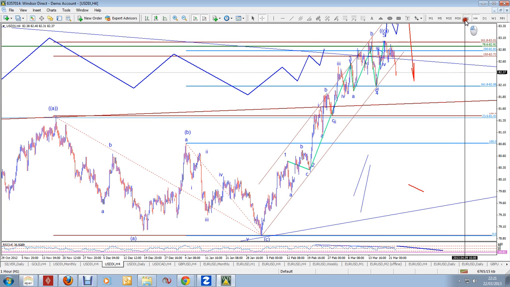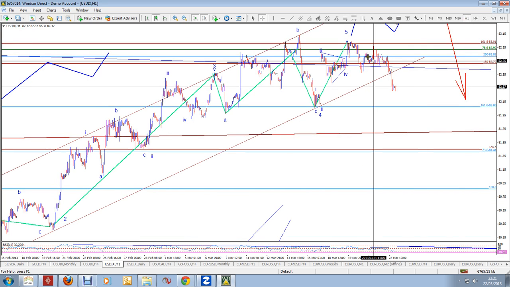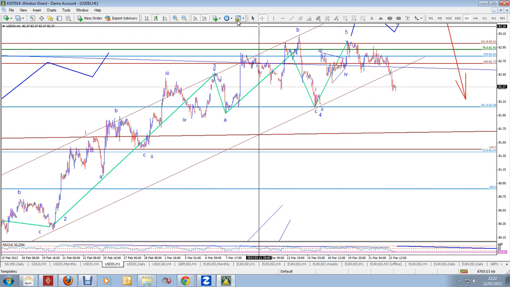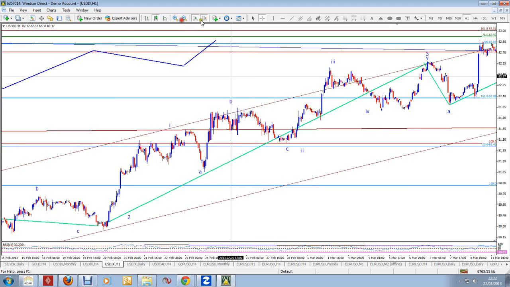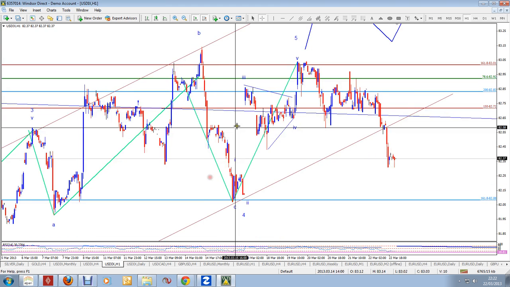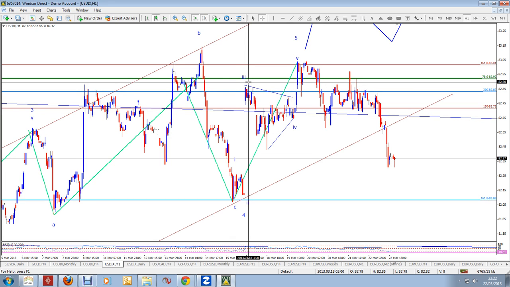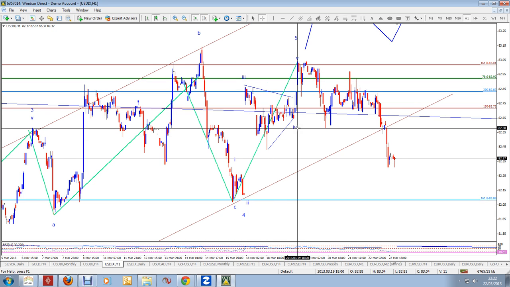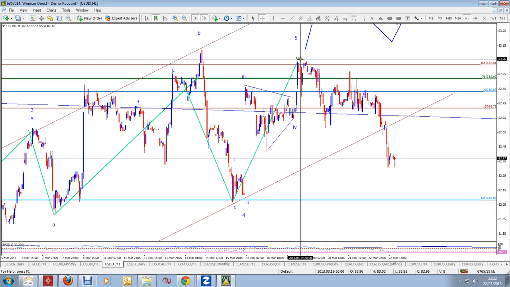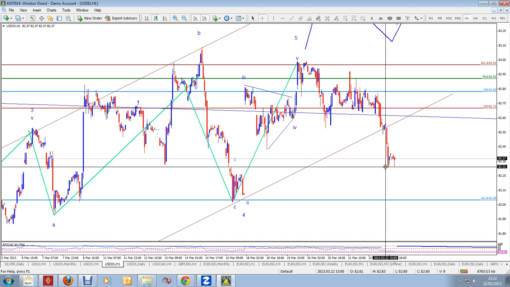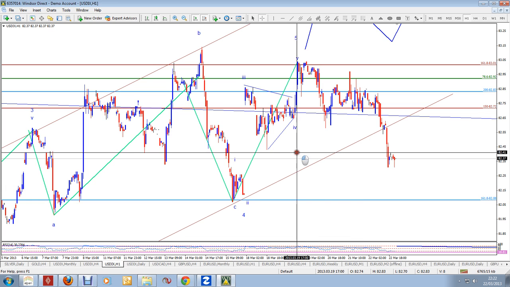However, I am not able to fully reconcile what is happening over here. What I'm thinking is, if this was minor 1, minor 2, minor 3, then this triangle is a minor 4, and this is a 5, then really this one cannot be anything else but the major trend to the downside.